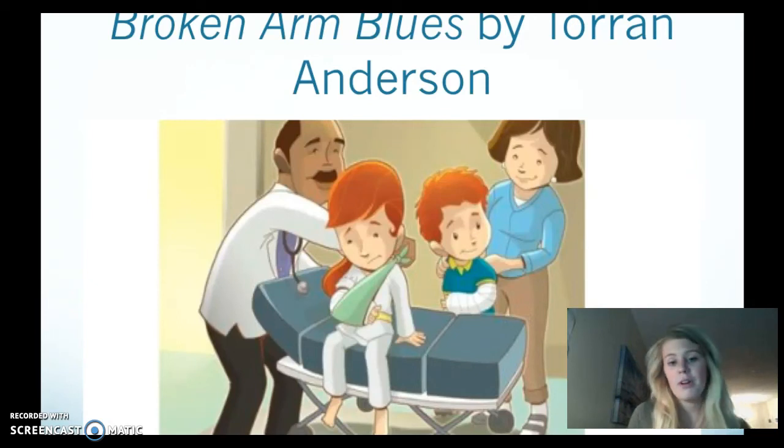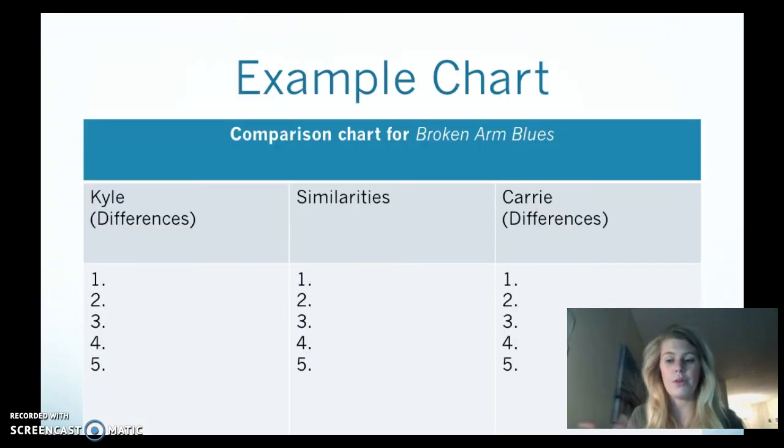While reading this story, let's think about Kyle and Carrie and what's different about them and what's the same. And then after reading this story, I will give you a blank comparison chart between Kyle and Carrie, and we will think of similarities and differences between them and their situation.